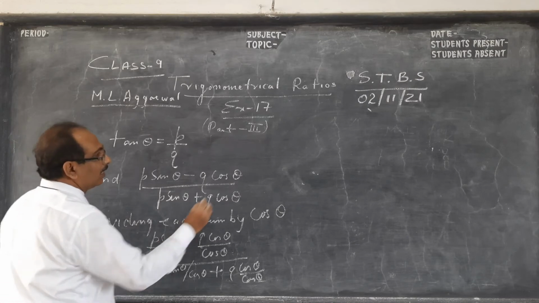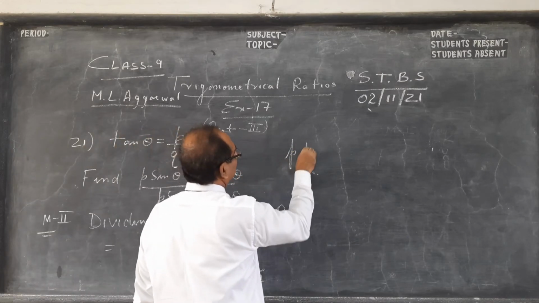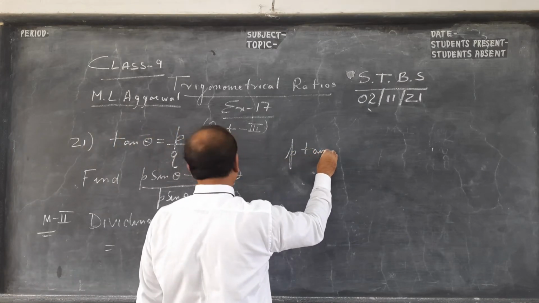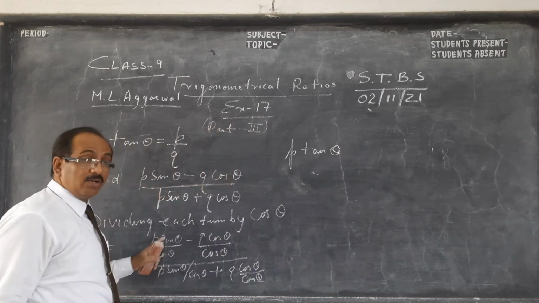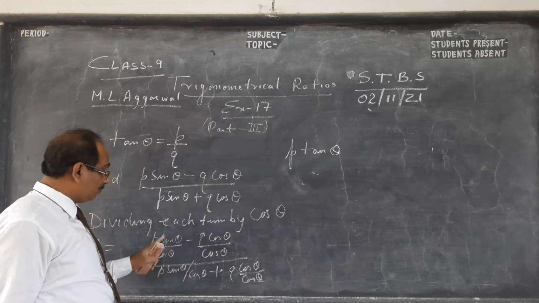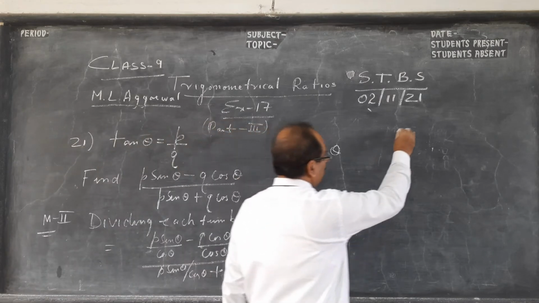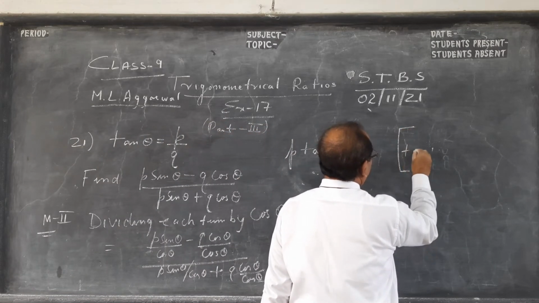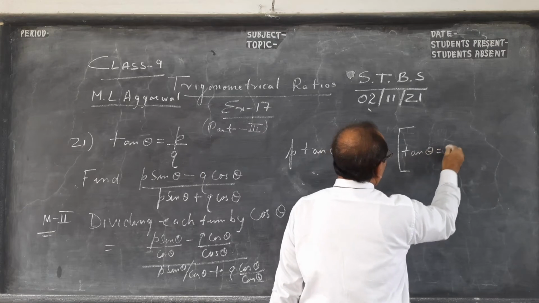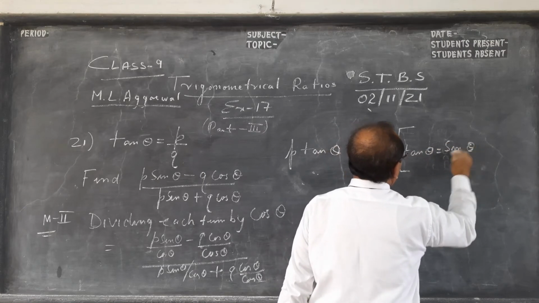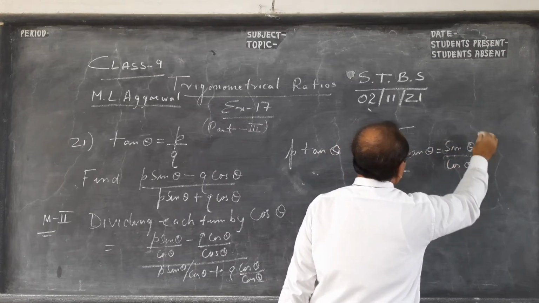Now sin theta by cos theta becomes tan theta. Remember one relationship: sin by cos is tan. Tan theta is sin theta by cos theta.